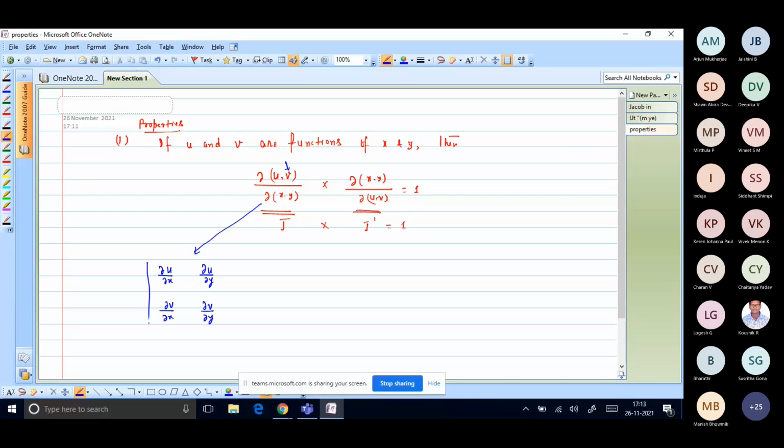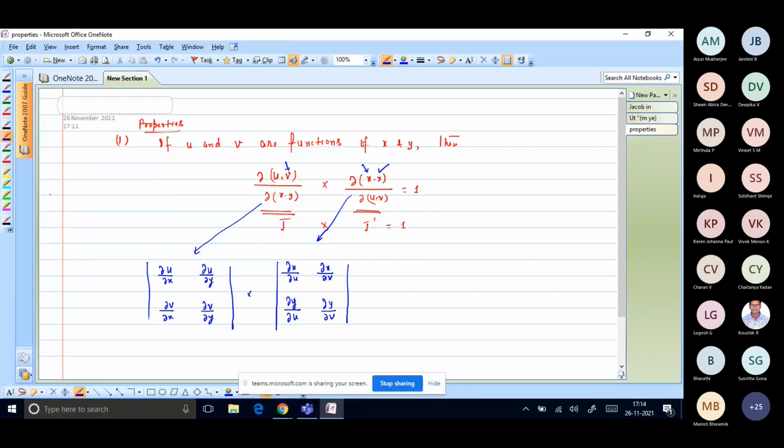This determinant is multiplied by this one: first I take the first function, del x upon del u, del x upon del v, then the second function, del y upon del u and del y upon del v. So we have to multiply these two determinants, and you know how determinants are multiplied.